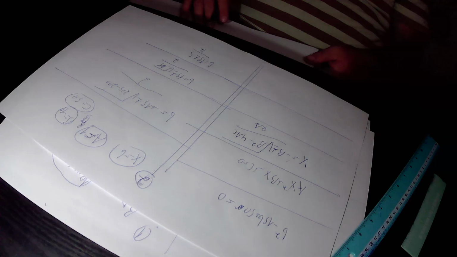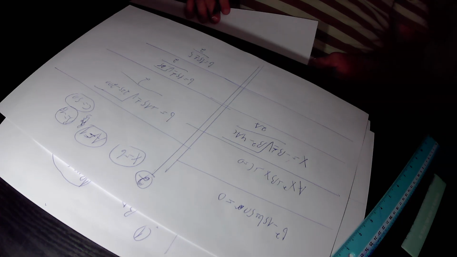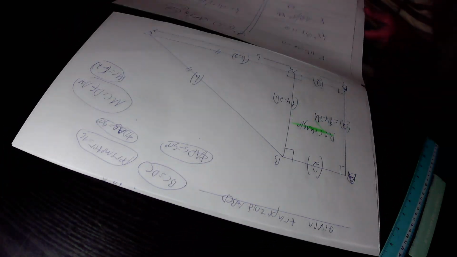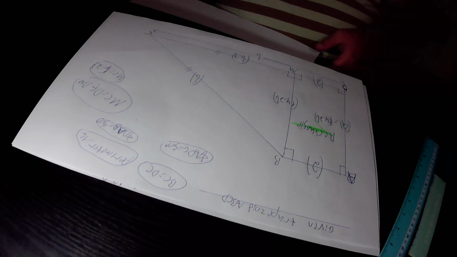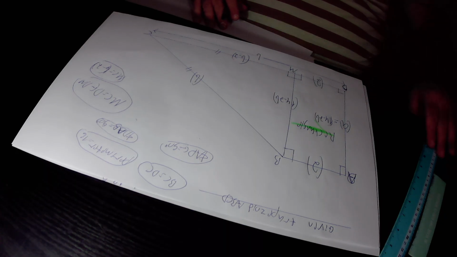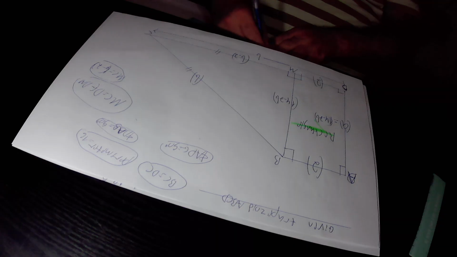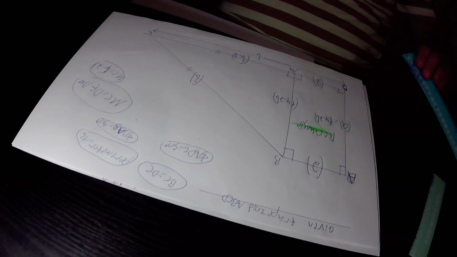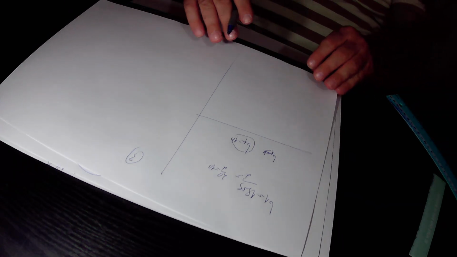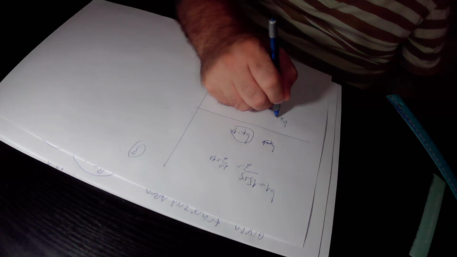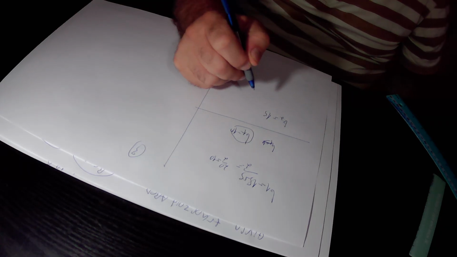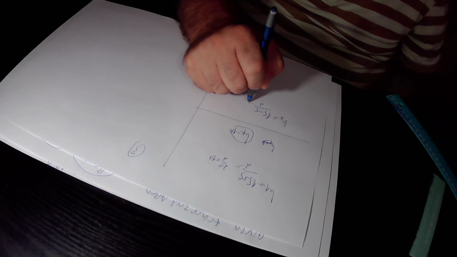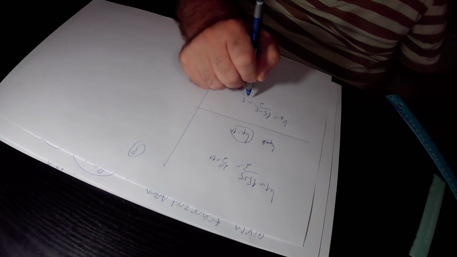And we also have a second solution for b. The second solution for b is b2, and b2 equals 15 minus 5 over 2. 15 minus 5 is 10, and 10 over 2 is 5.